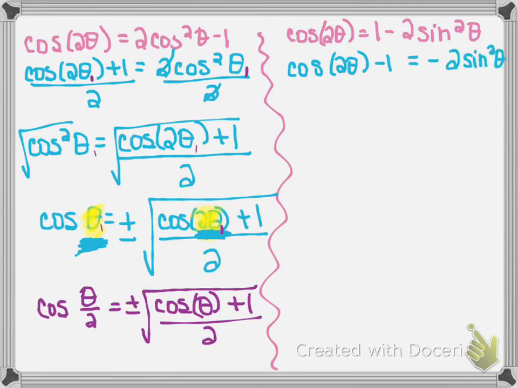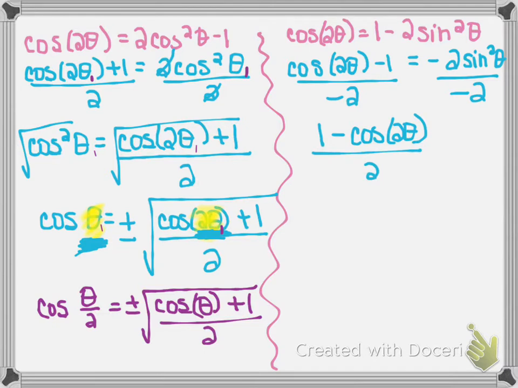Oh, and then I got that whole negative 2 thing. All right, so I'm going to divide by negative 2. I'm going to be real careful with my signs here. So the cosine's going to become negative, and the 1 is going to become positive if I want to get that negative out of the bottom. Do you see that on the left, this is the same thing as 1 minus cosine of 2 theta over 2? And then on the right, we'd have sine squared theta.